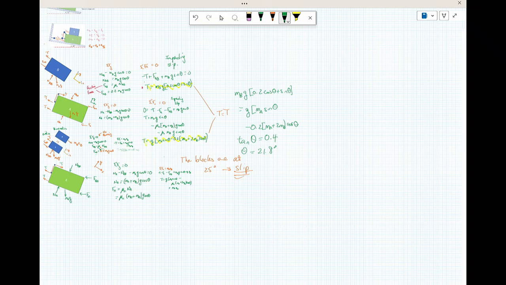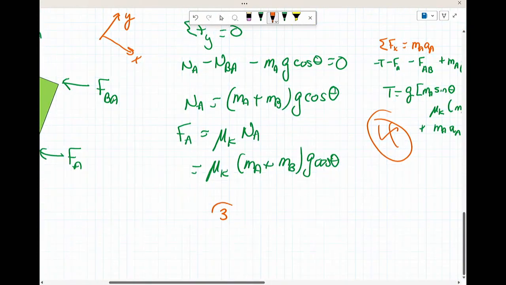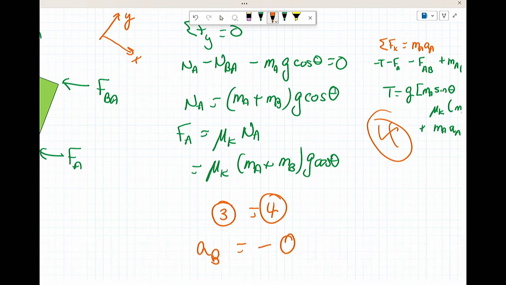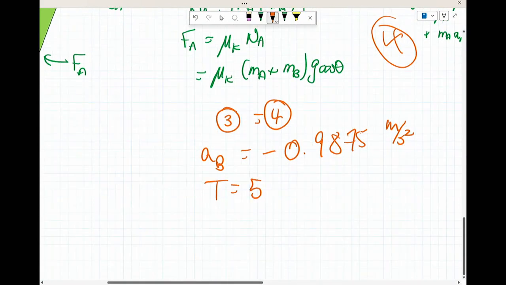My T, 3, and this is 4. 3 equals 4, and acceleration of B is equal to minus 0.9875 meters per second squared. Tension is 51.7 newtons.